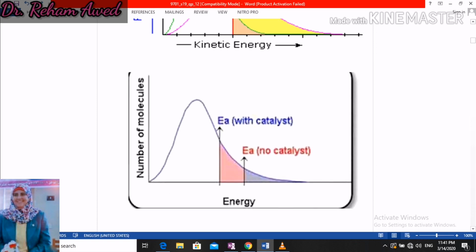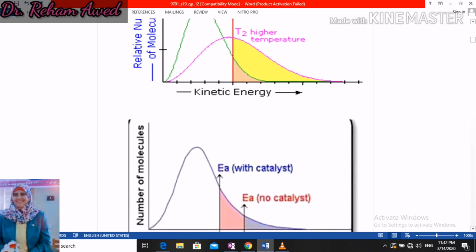The other curve indicates the relation between the number of molecules and energy when we start to use a catalyst. When we use a catalyst in the chemical reaction, we will have an increase in the number of molecules from this small number to this large number of molecules.